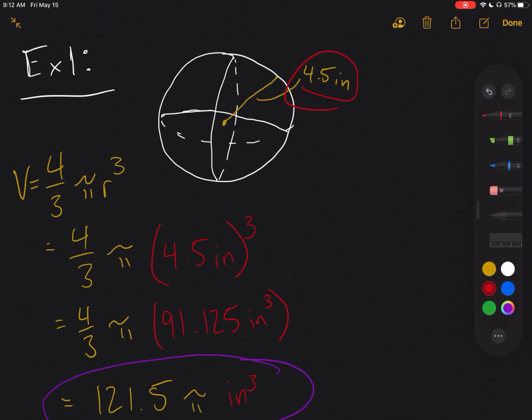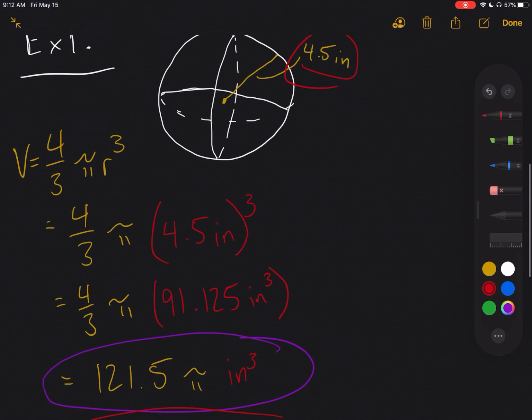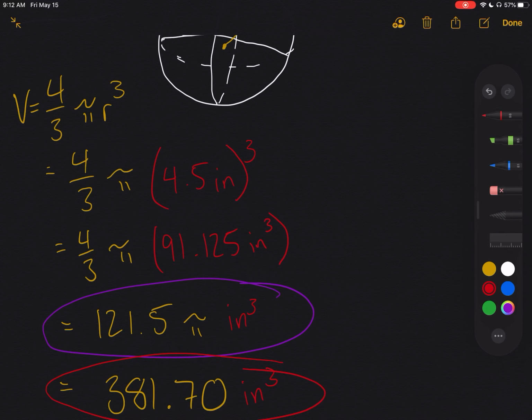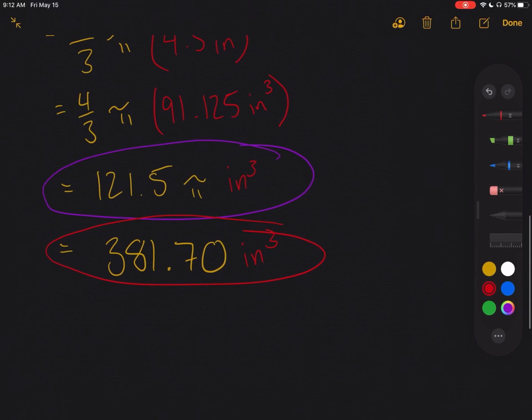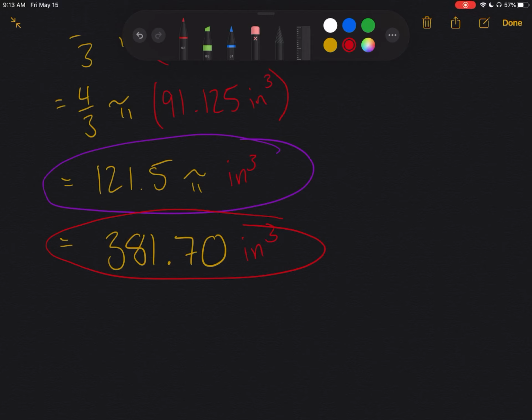Okay, and whether you believe the formula or not, that would be the way to go about finding the volume, at least based on what we know. And we have a variety of reasons to believe that formula. Now that's pretty straightforward.